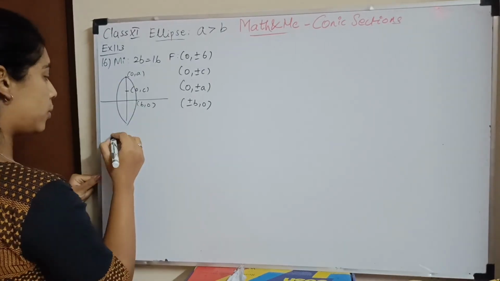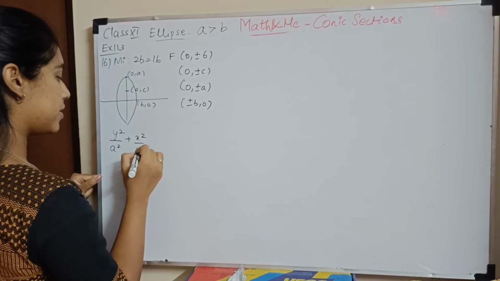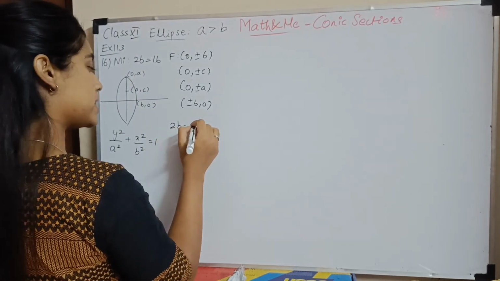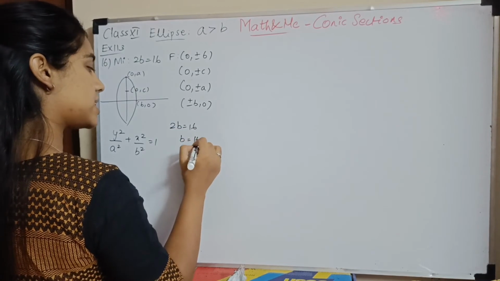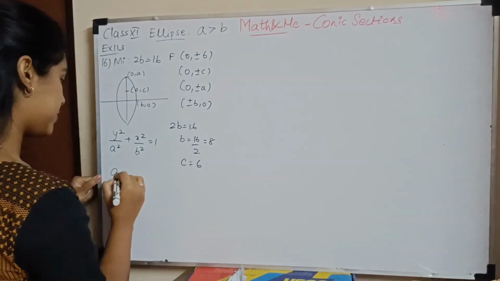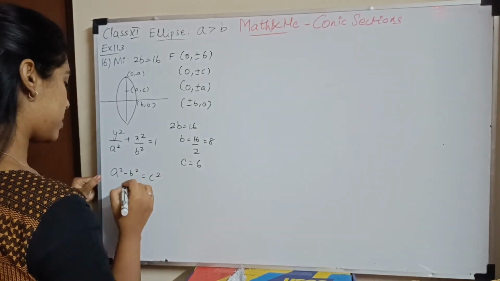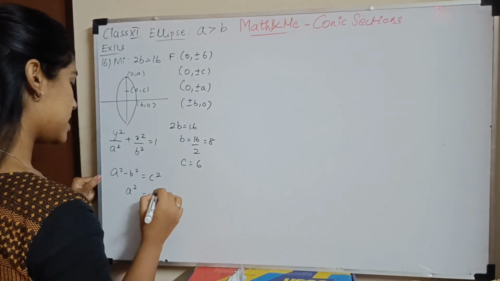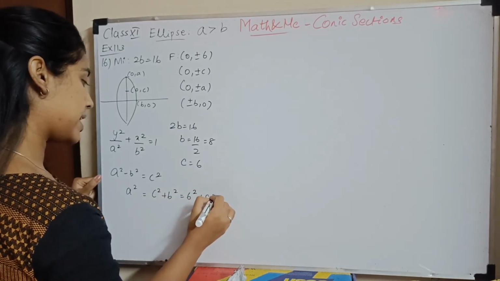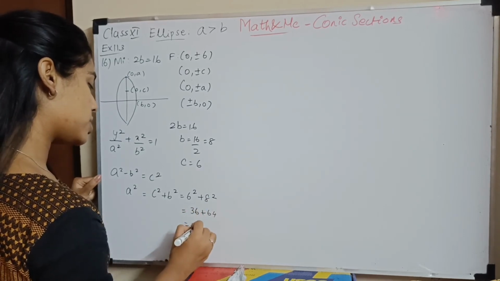So equation eppadi irukum? A is along the y axis. So y square divided by a square plus x square divided by b square equals 1. So b oda value enna? 2b is 16. b equals 16 by 2, which is 8. C oda value 6. So now a square minus b square equals c square. So a square eppadi kandupidikanum? A square equals c square plus b square, which is 6 square plus 8 square, 36 plus 64, which is 100.